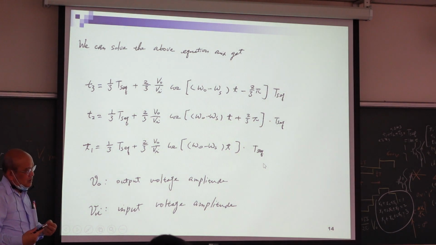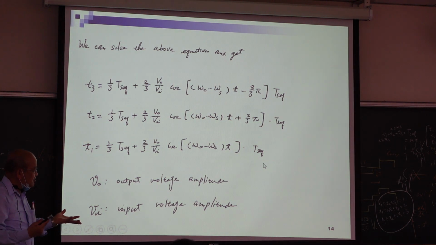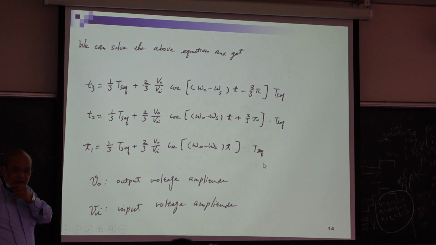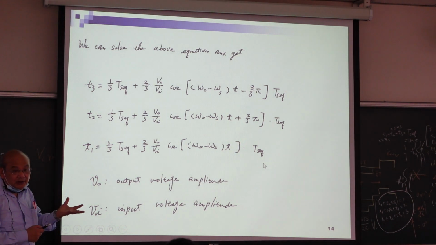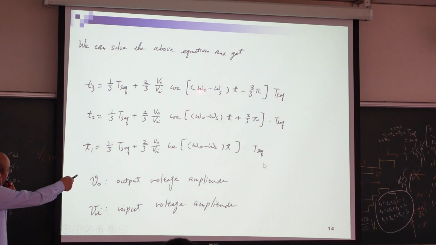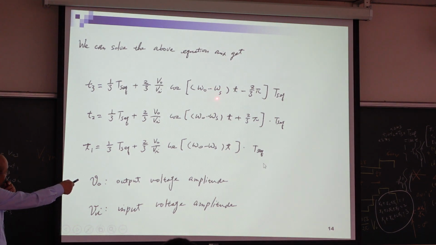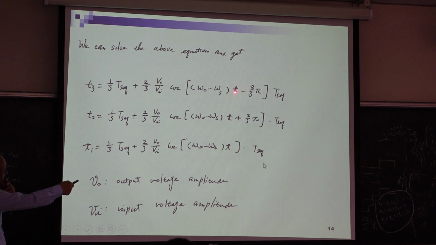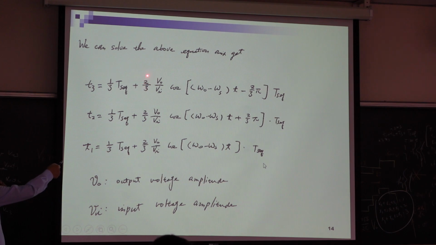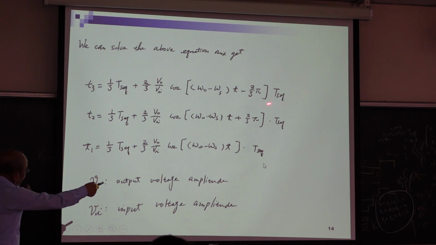Do you think that this is easy compared to SVPWM? This is hard, right? Because you have to know omega 0, you have to know omega S, you have to know T, you have to know T sequence, you have to compute the cosine, and then you have to compute the ratio of VO and VI, then multiply by 2/3, then you compute this item.